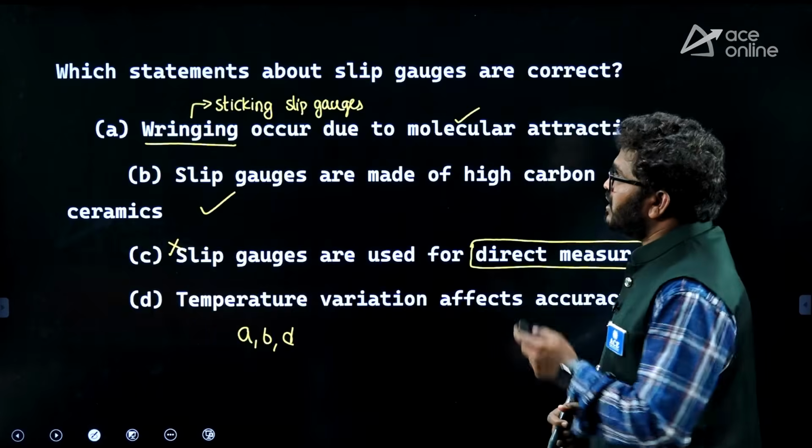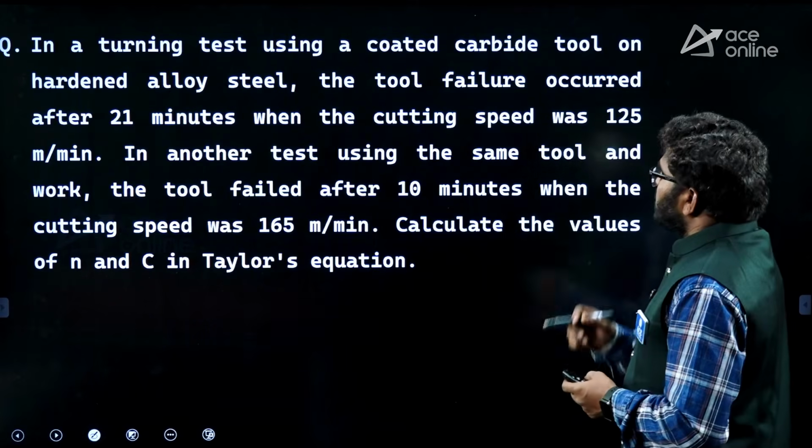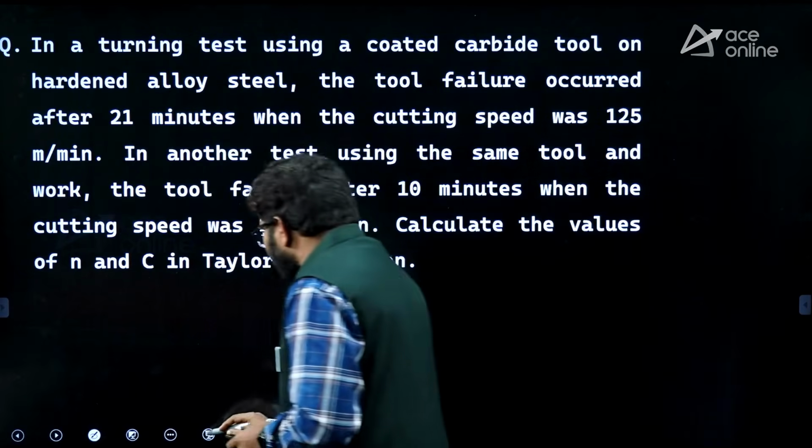Next I am going to another question. I'll take another slide for this.